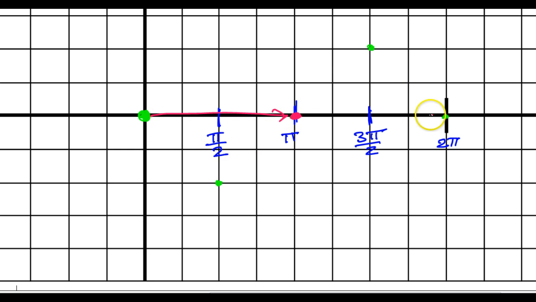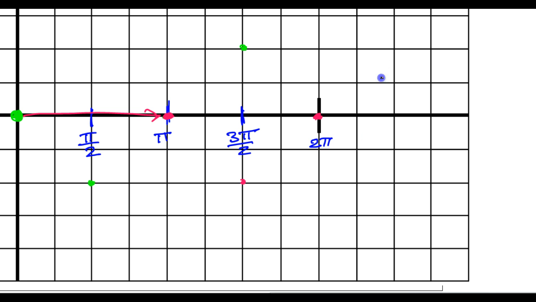Down, back, up, back. So here I go. Down, back, up, back. So there you go. This will be the final answer. So we can go ahead and actually connect these points.